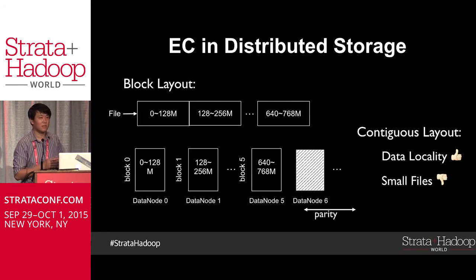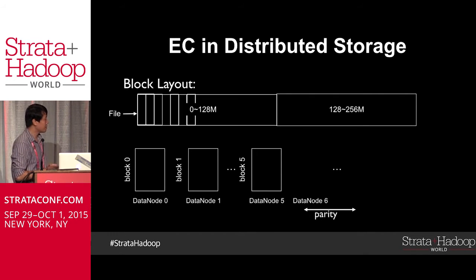In order to save any space, you need to accumulate an entire stripe of big blocks. In this example, it's 6 multiplied by 128 megabytes. It's over 700 megabytes. So if a cluster has a lot of small files, under this layout, you cannot save much space using erasure coding.